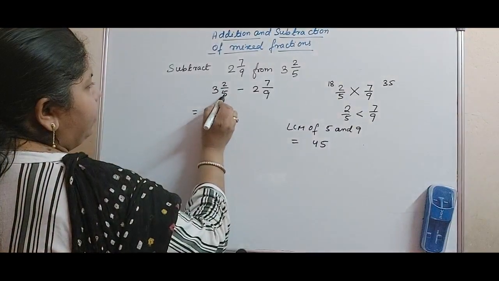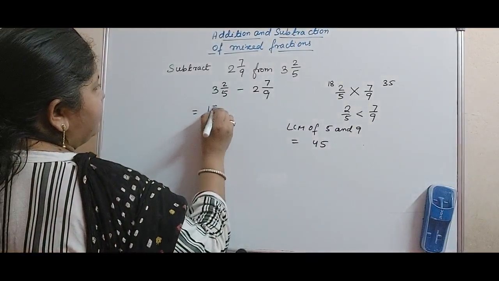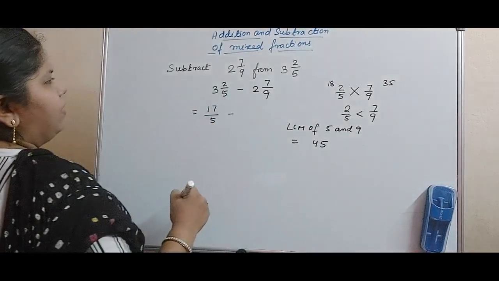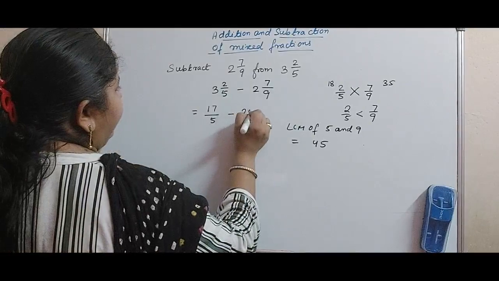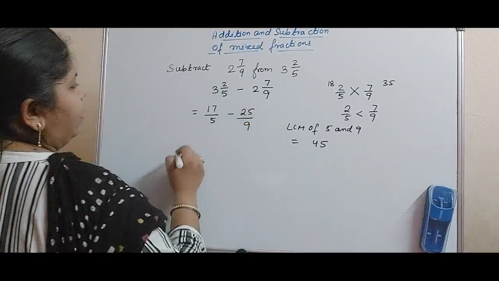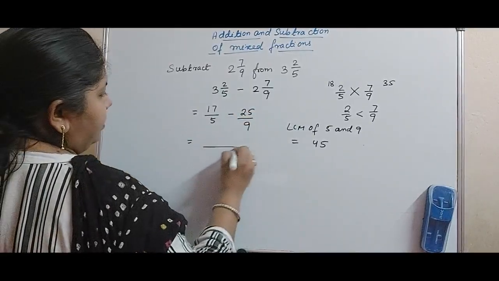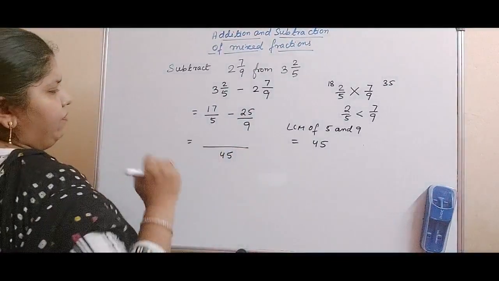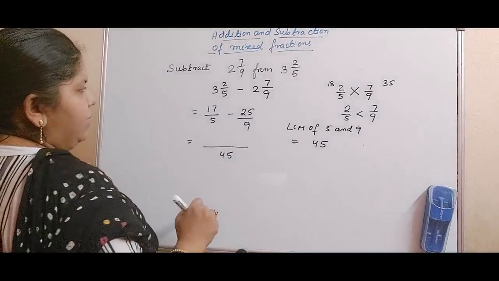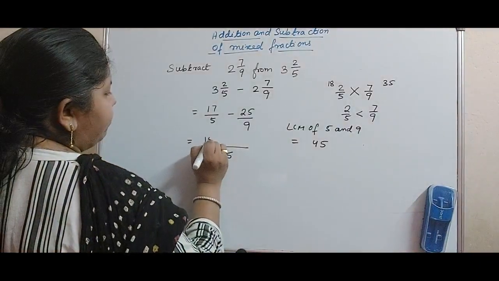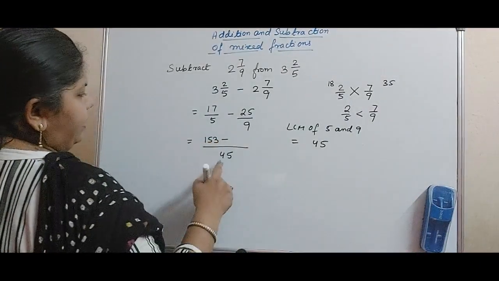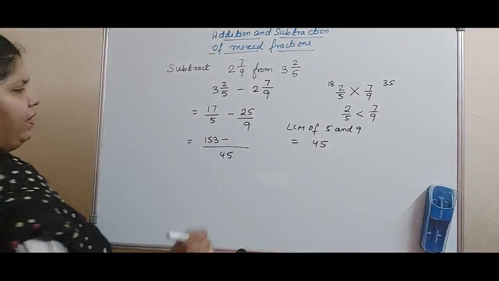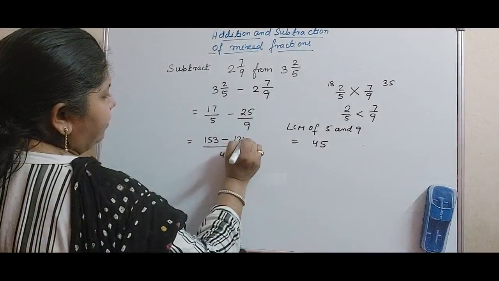So what we get here: 5 3s are 15 plus 2, 17 by 5, minus 9 2s are 18 plus 7, it is 25 by 9. After taking the common denominator, that is 45, 45 divided by 5 is 9, and 17 9s are 153, minus 45 divided by 9 is 5, and 5 into 25 is 125.